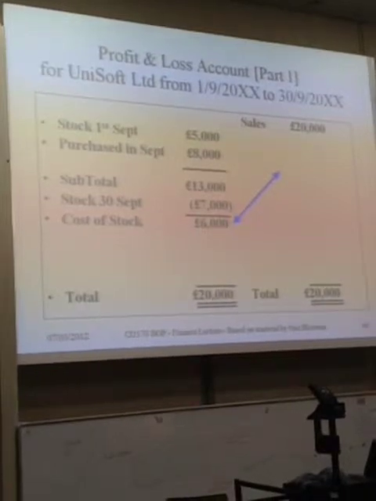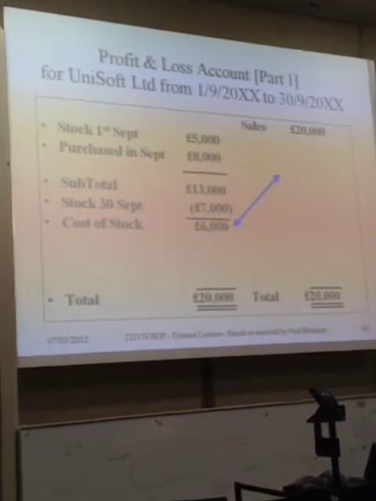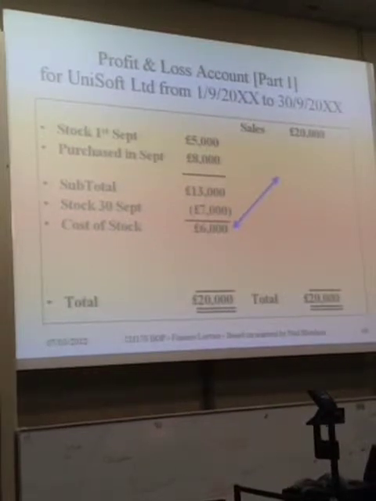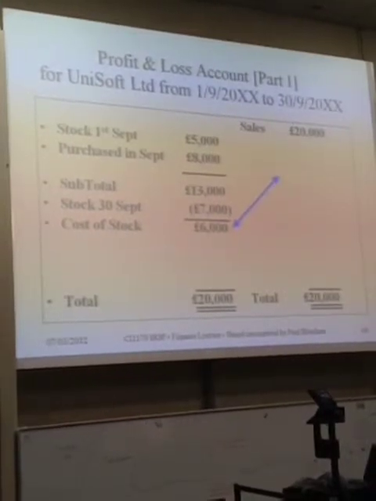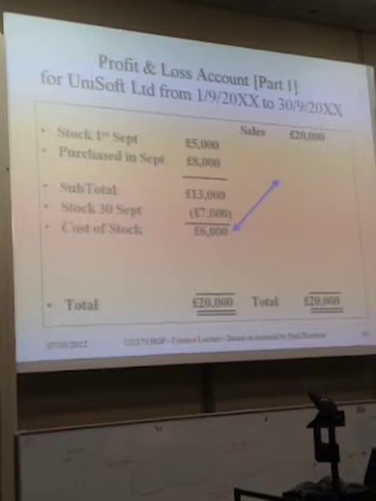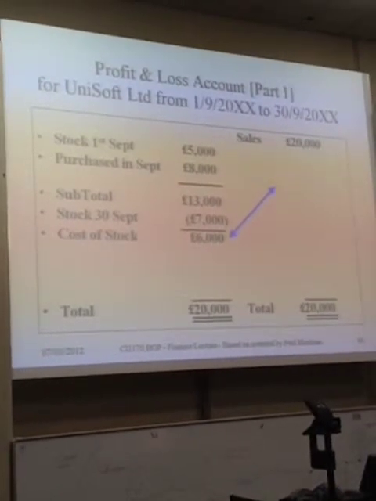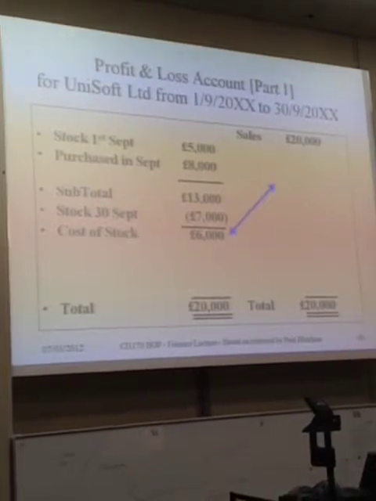Say again? Yep. You've got stock that you didn't use last year that you're using this year to help make the sales, and the sales are going to be £20,000. You can sell 100 tubes of toothpaste or whatever. But in order to make those sales, you had to buy more stock.